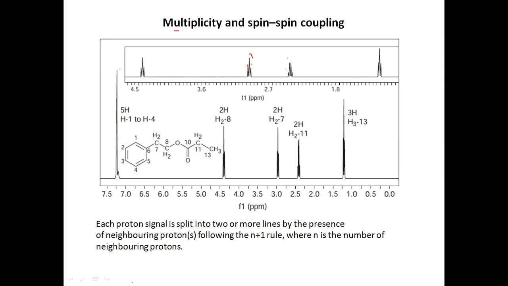Each proton signal is split into two or more lines based upon the presence of different groups near it. Take the methyl group in this example: these are three protons, resonating here, which shows 1, 2 and 3 lines. The 3 lines are due to its interaction with the neighboring CH2 protons.